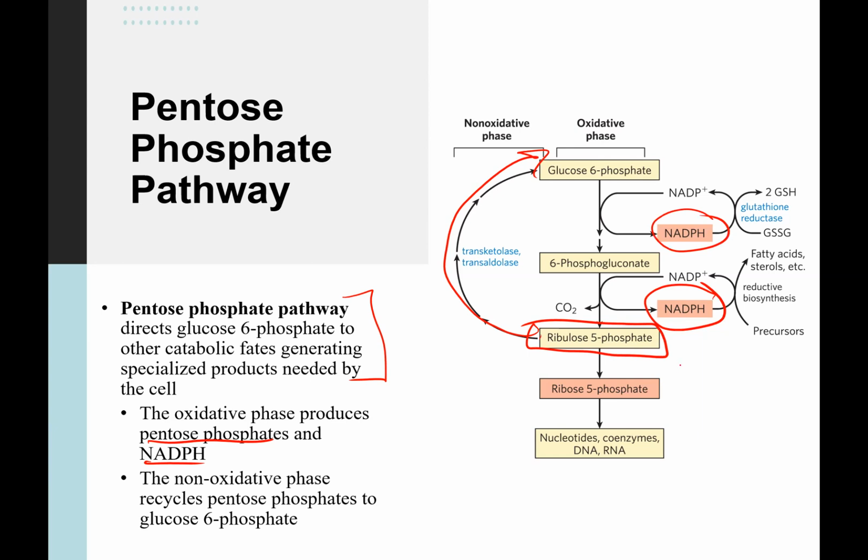If we need ribose 5-phosphate, for example, this can continue on to make ribose 5-phosphate, and the ultimate fate of that is for nucleotides and coenzymes and so forth. Okay. So that's the big picture. In terms of the pathway here, there's obviously more to it than just what I spoke about. But this is the big picture, right?